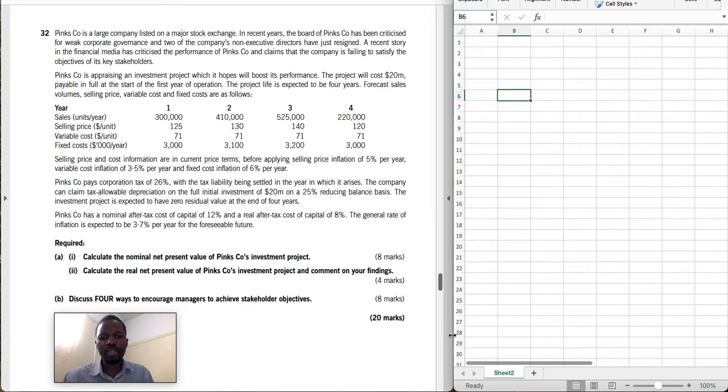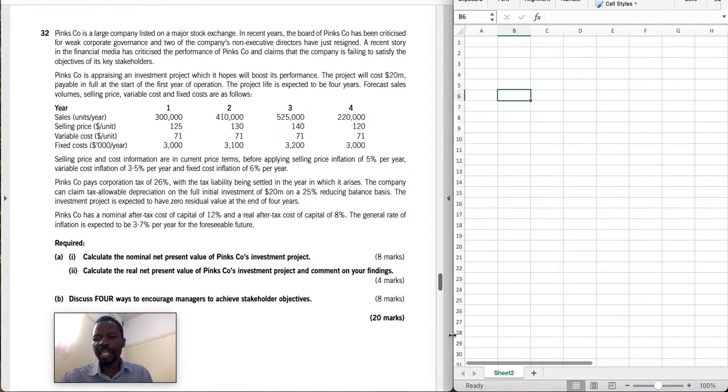The project will cost $20 million, payable in full at the start of the first year of operation. The project life is expected to be 4 years. Forecast sales, volumes, selling price, variable cost, and fixed cost are as follows. Year 1, 2, 3, 4.